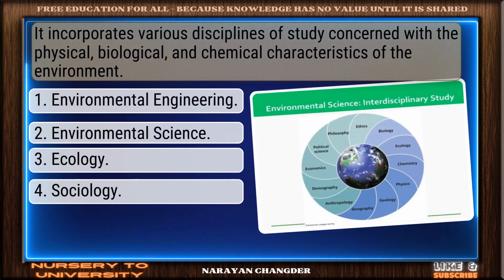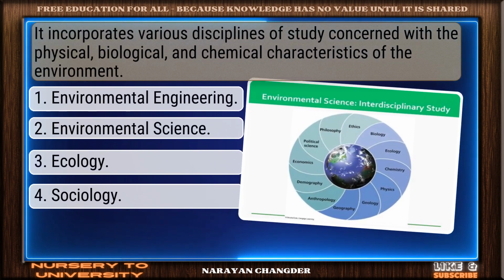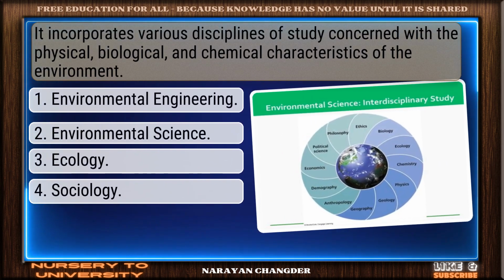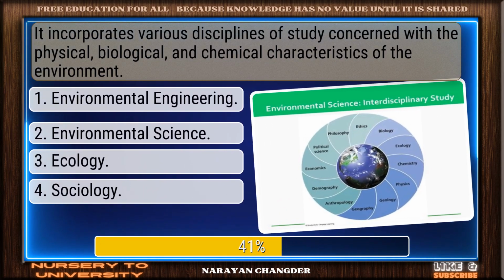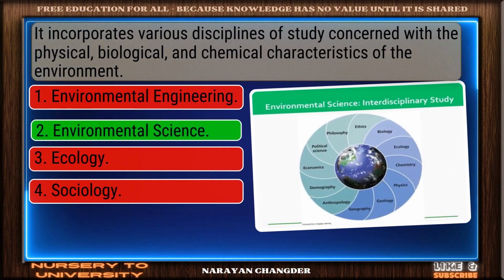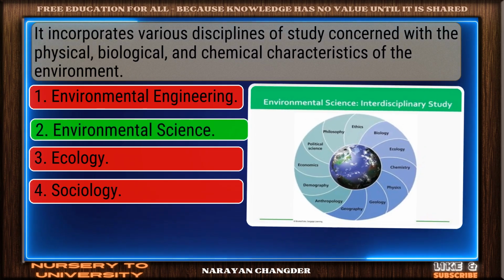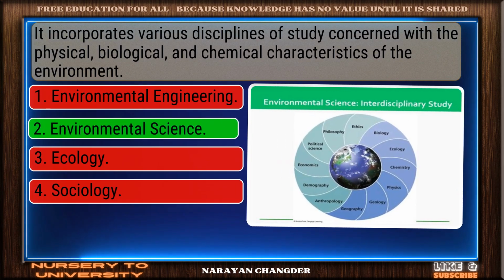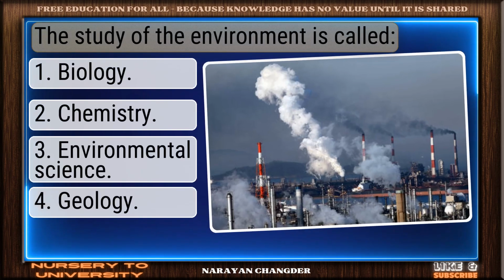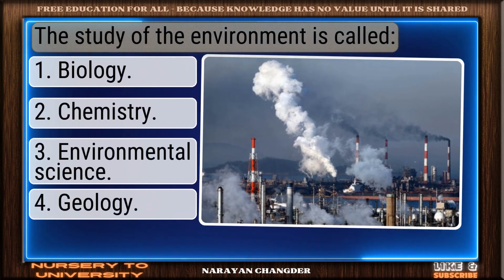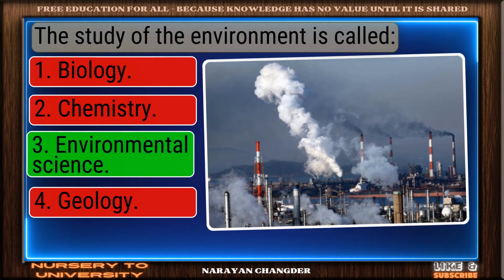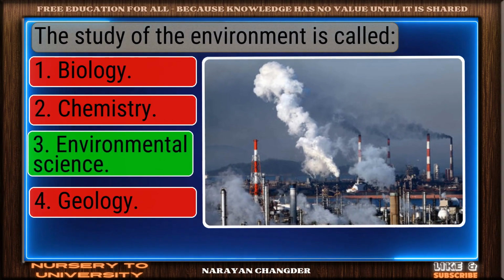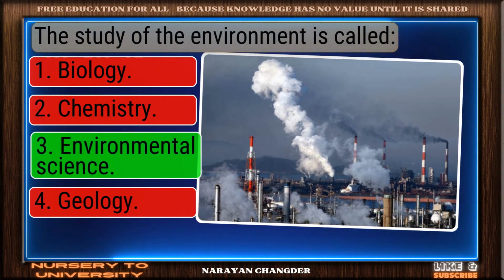It incorporates various disciplines of study concerned with the physical, biological, and chemical characteristics of the environment. Strong choice. Environmental science is the right answer. The study of the environment is called. Great job. Environmental science is the accurate answer.